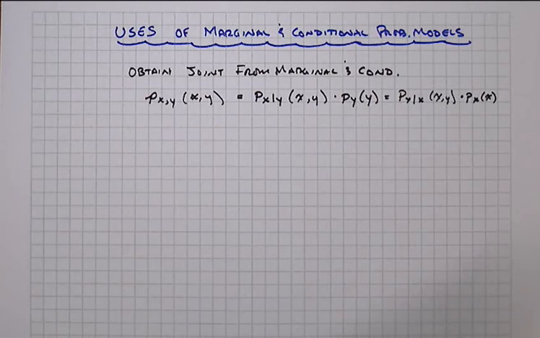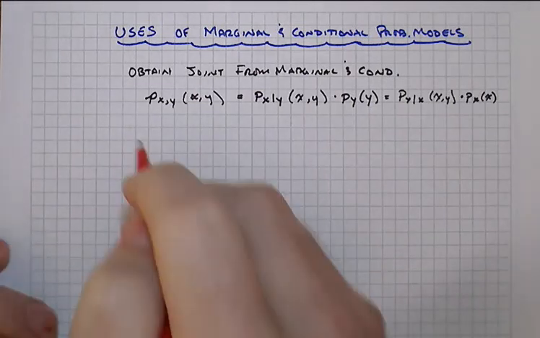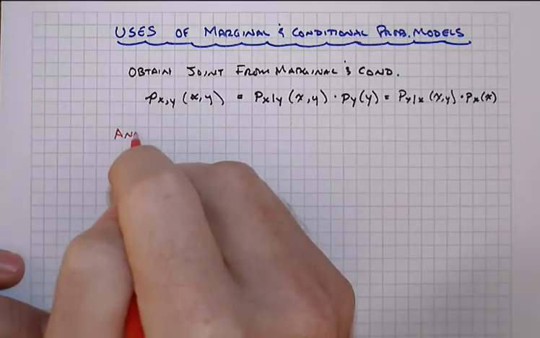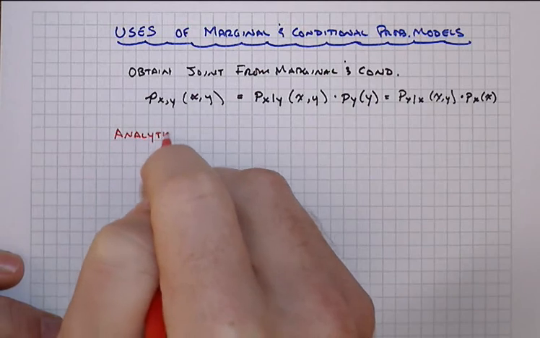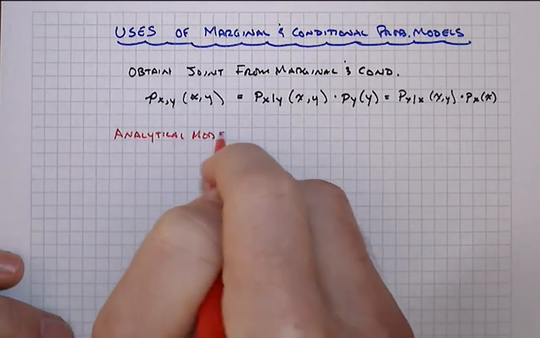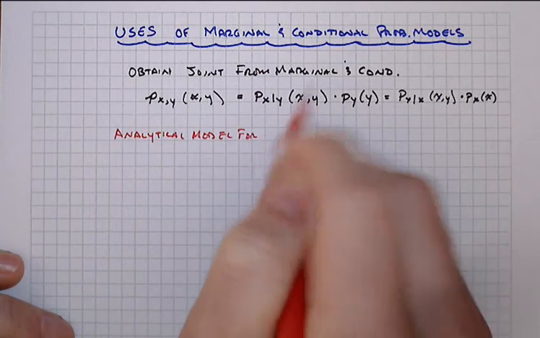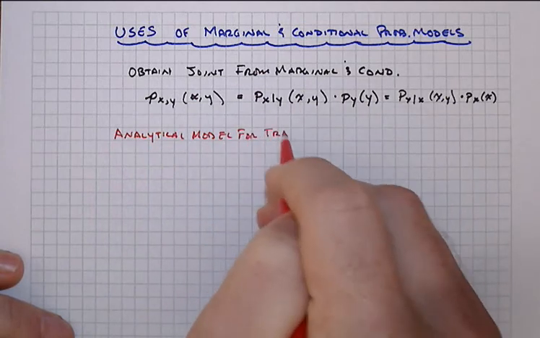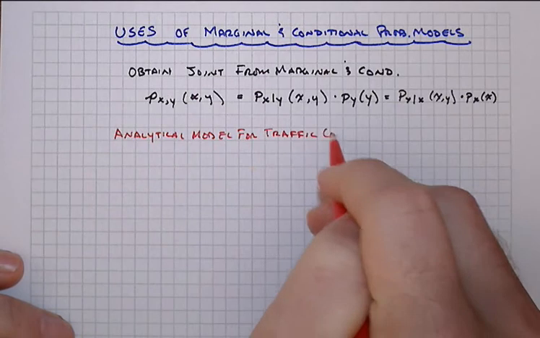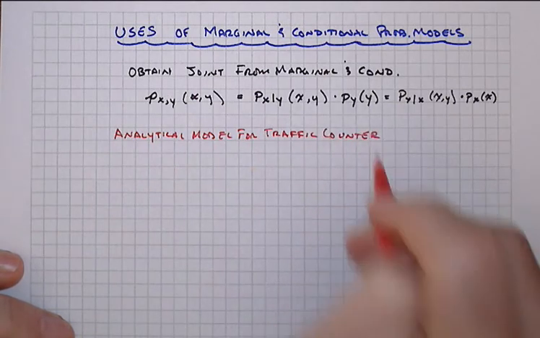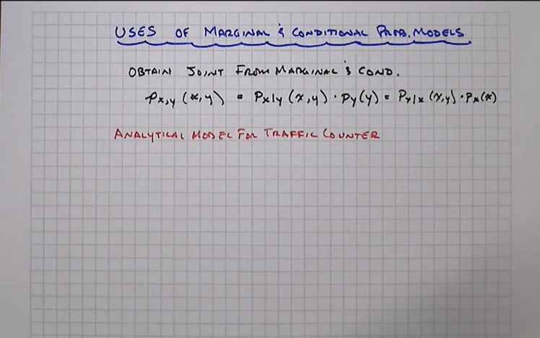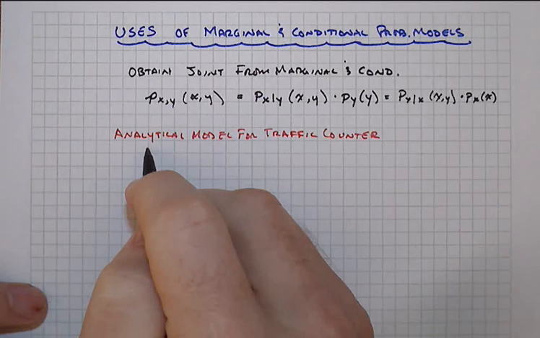Okay, so let's go back, and instead of having that empirically based model for the traffic counter, we might want to come up with an analytical model for the joint distribution for that traffic counter. And note that our vehicles were really Poisson arrivals.